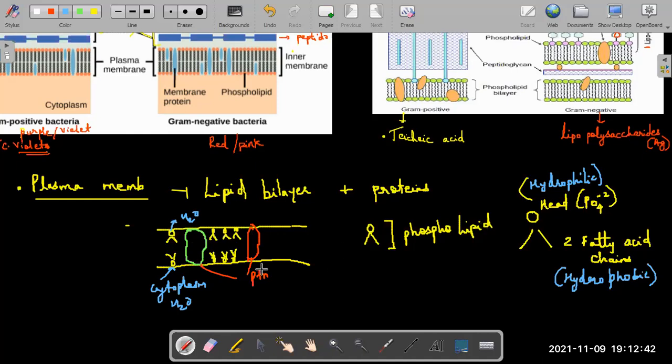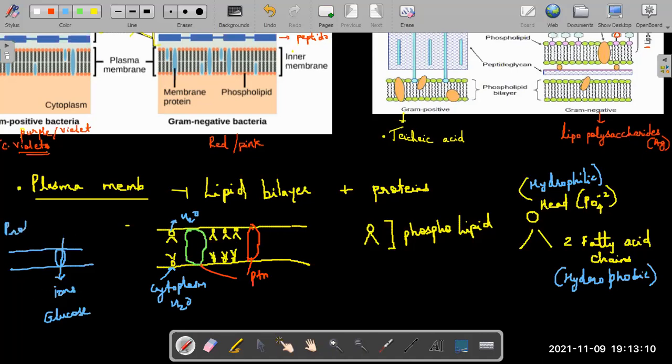Okay, so this is all about the phospholipids, and you have proteins which are attached here. I told you the role of the proteins. When it comes to any membrane, the role of the proteins will be transporting ions or glucose or any molecule, be it chloride ion, phosphate ion, enzymes. They all are transported via these protein molecules.